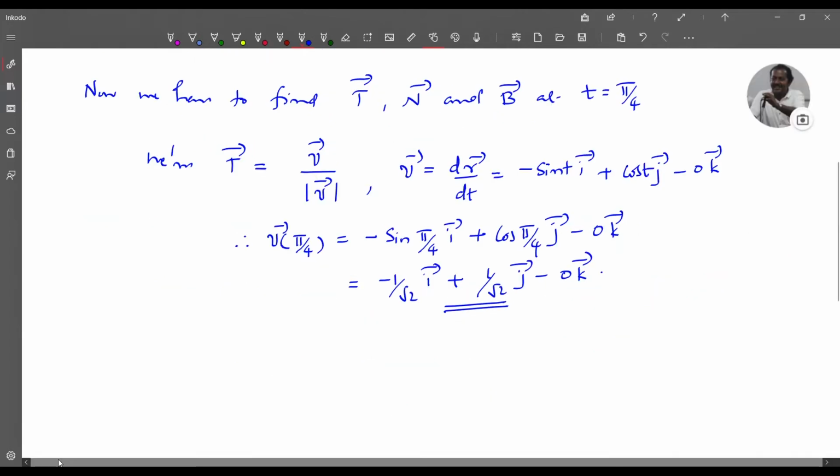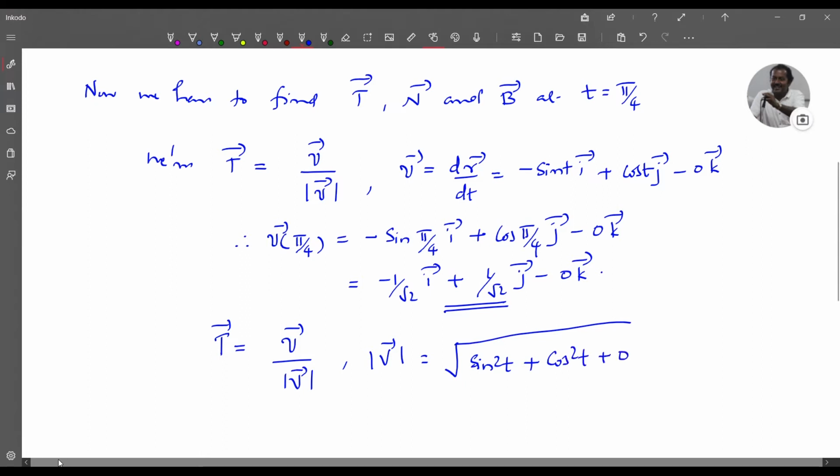And t is v by modulus of v, and we have modulus of v is square root of sin square t plus cos square t plus 0.